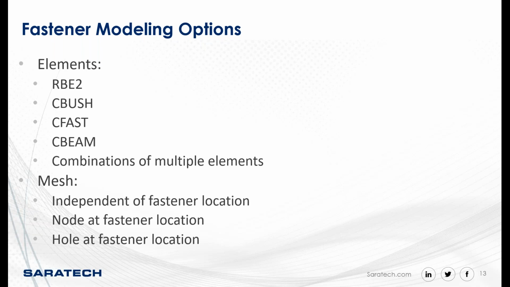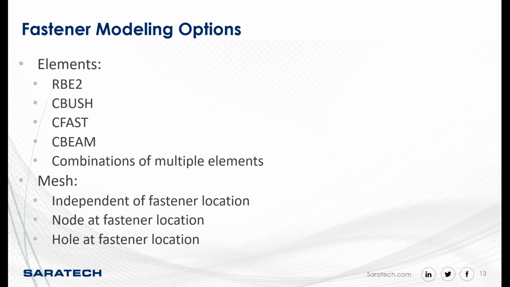So common elements are the rigid element, the RBE2 or RBAR, the bush spring element, CBUSH. Nastran has a fastener element called the CFAST, and then a lot of people will model it with a beam or a bar, CBEAM or CBAR. And as I said, some people will use combinations of multiple elements to represent different aspects of the fastener behavior.